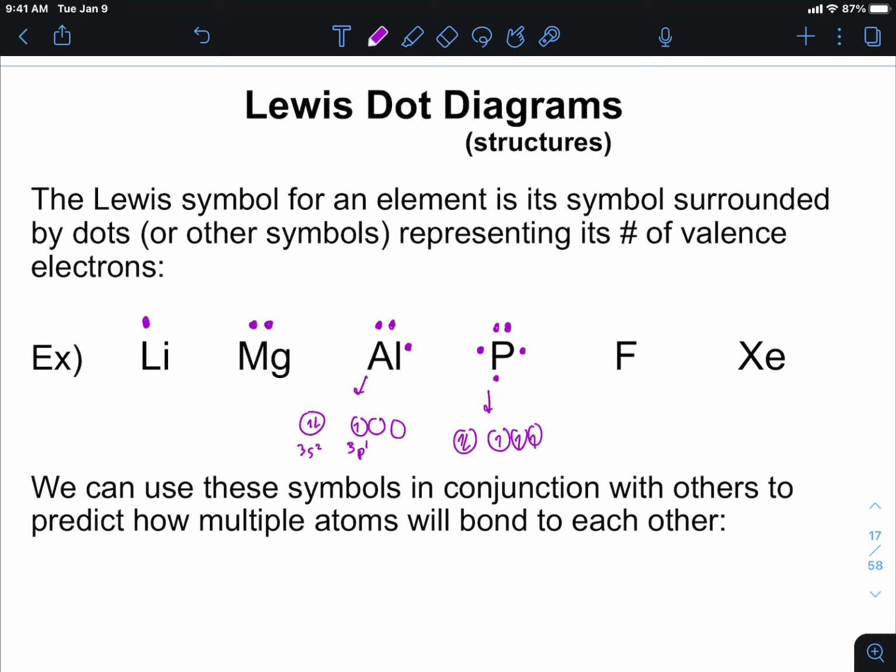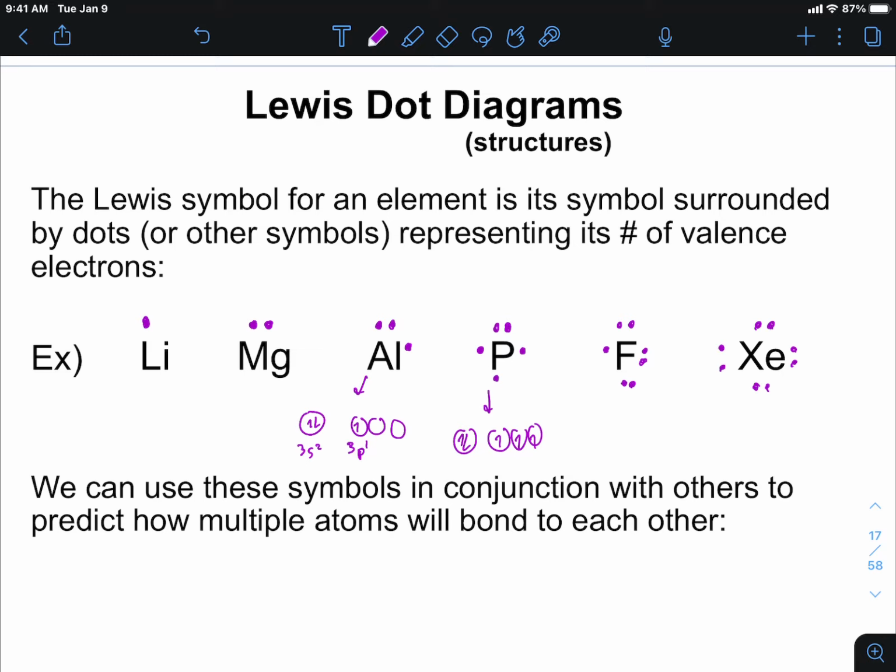How many valence electrons in fluorine? 7. So since there's 7, 1, 2, 3, 4, 5, 6, 7, we have the one side that has only 1. And xenon is a noble gas. It's got 8 valence electrons. It's full.